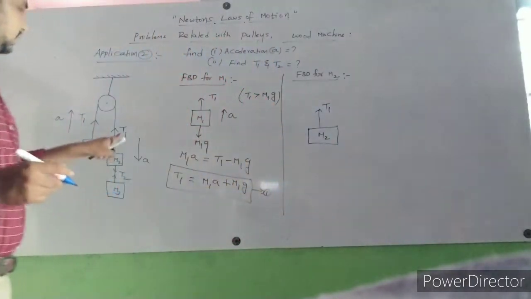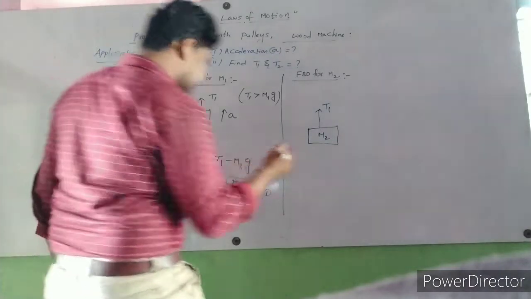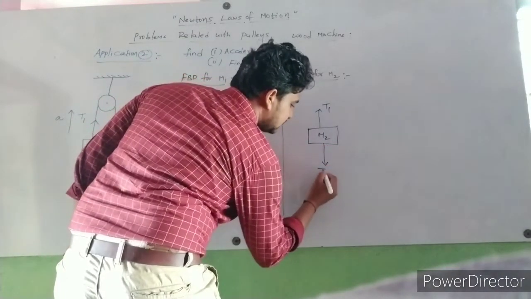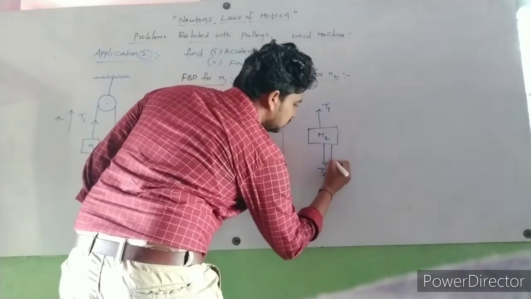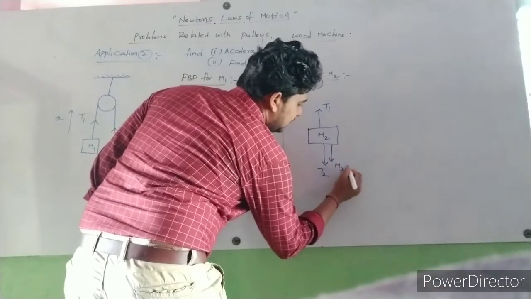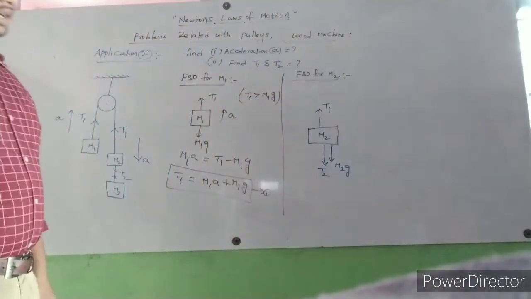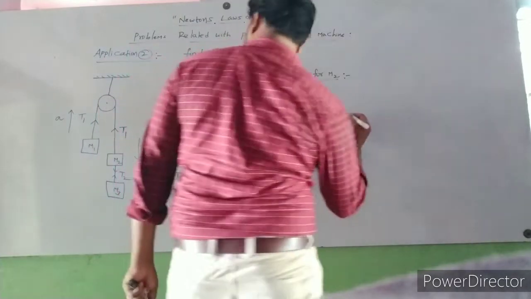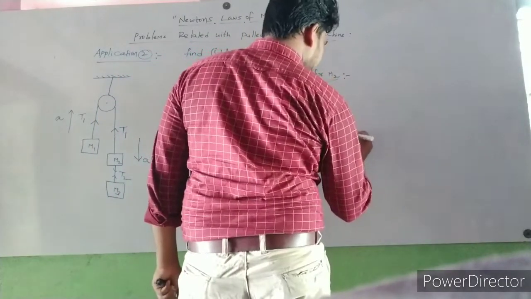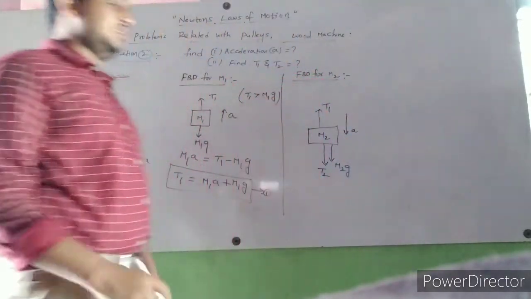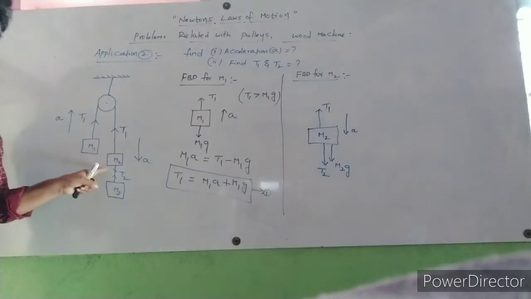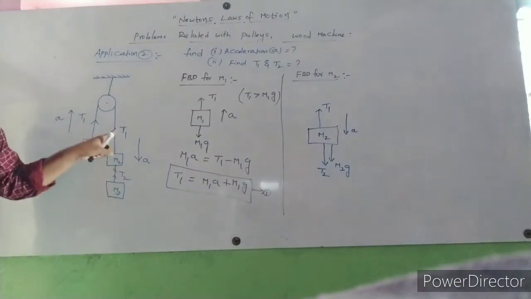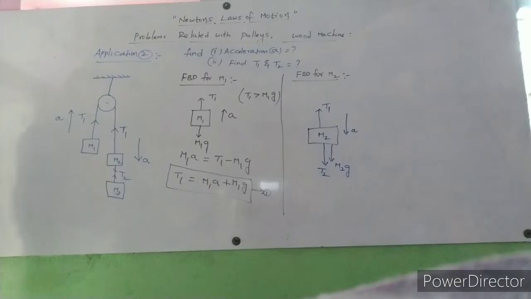T1 is acting in the upward direction, and T2 is acting downward, and one more force, the weight M2G, is also acting downward. Here the acceleration is acting downward. How many forces are acting on M2? T2 force, T1 force, and the weight, acting like this.